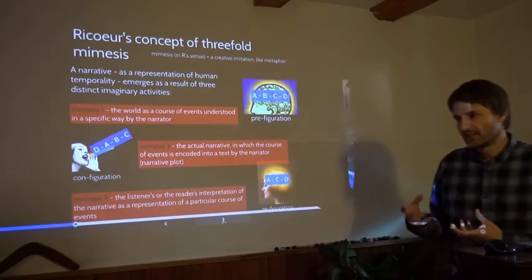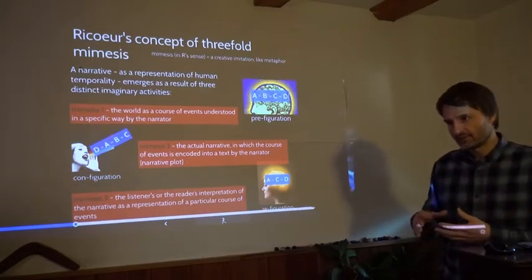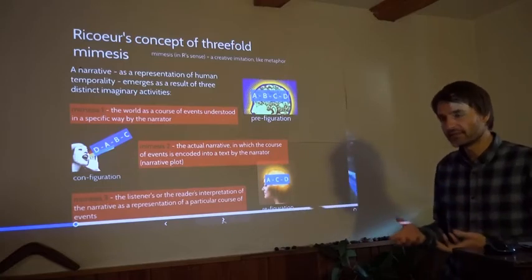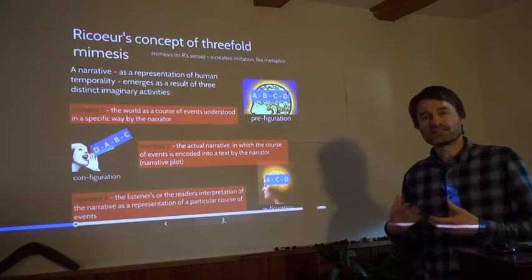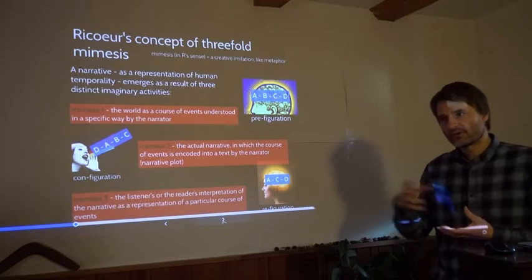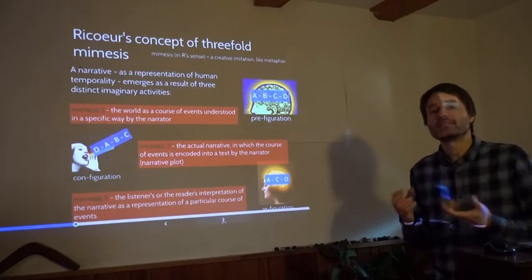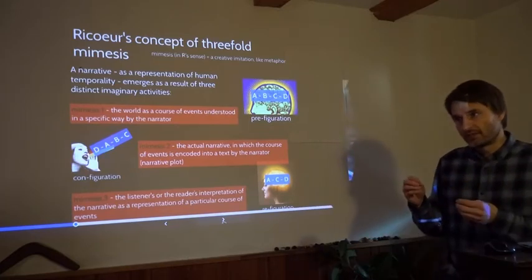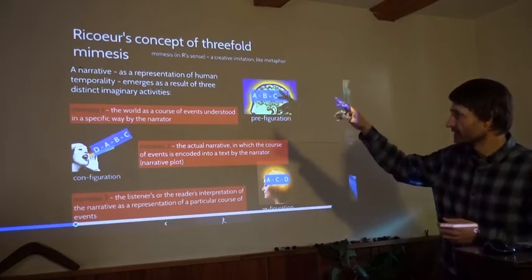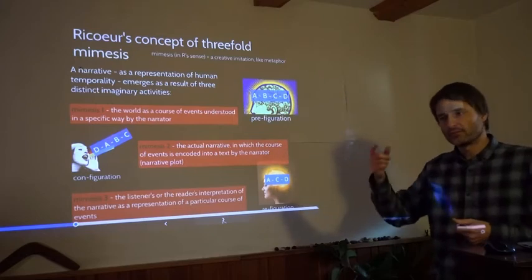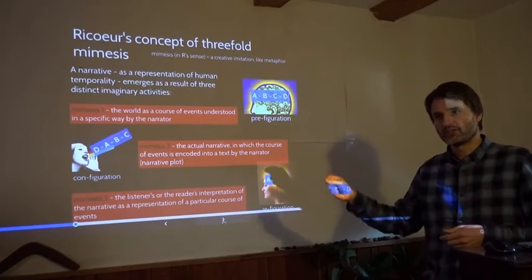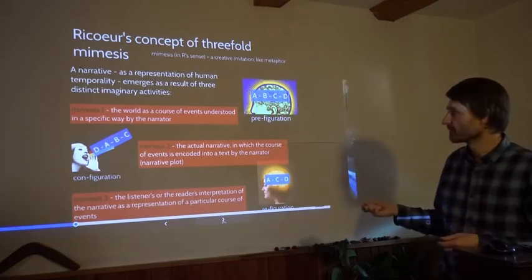Mimetic means to imitate, but in his sense, it's not mechanical imitation. It's a sense of how to metaphorically or creatively imitate something. So if we talk about threefold mimesis, we talk about threefold creative work of imitating something.